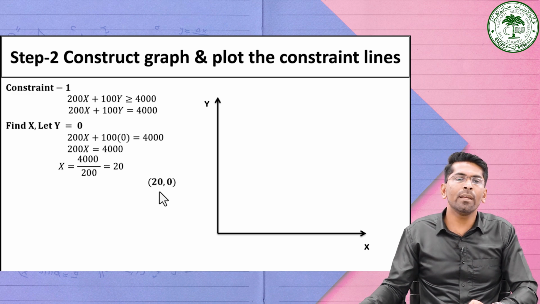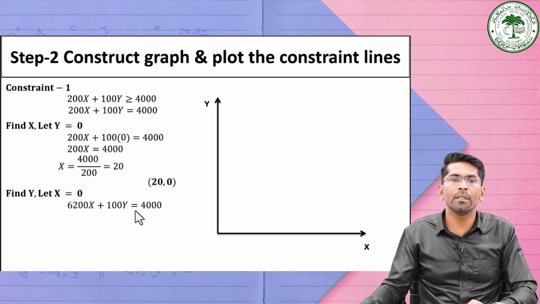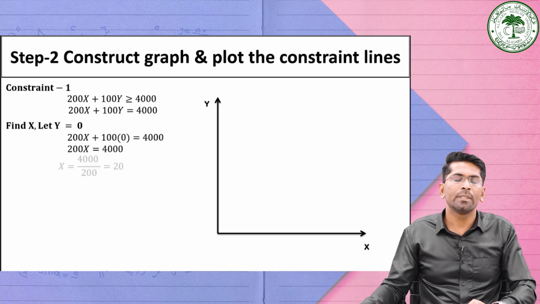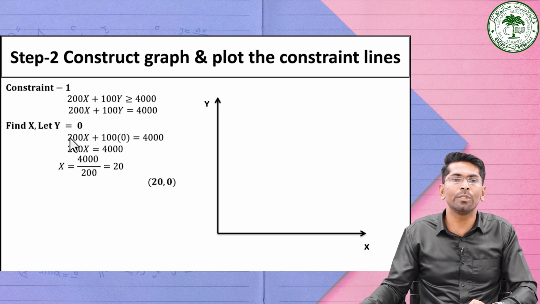Similarly, by assuming x is equal to 0, we want to find the value of y, using constraint number 1 with the inequality sign changed into the equality sign.